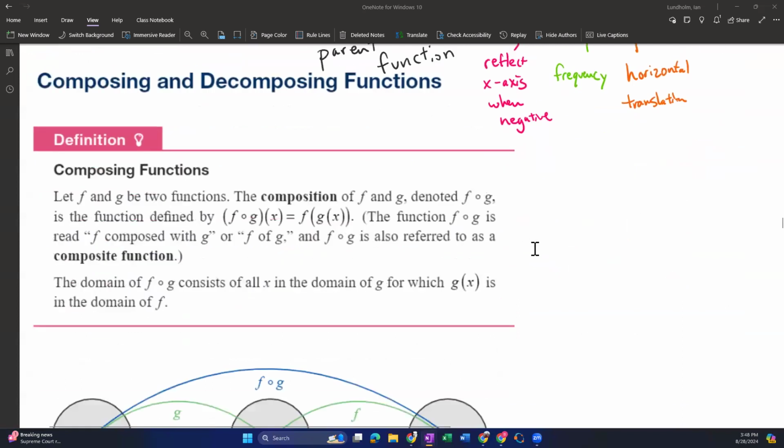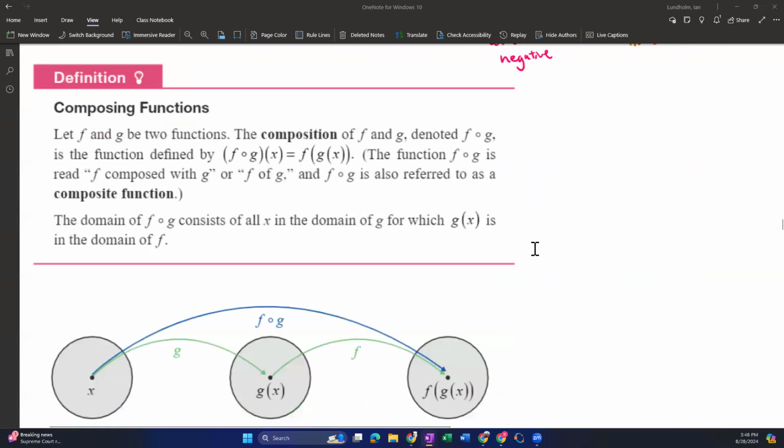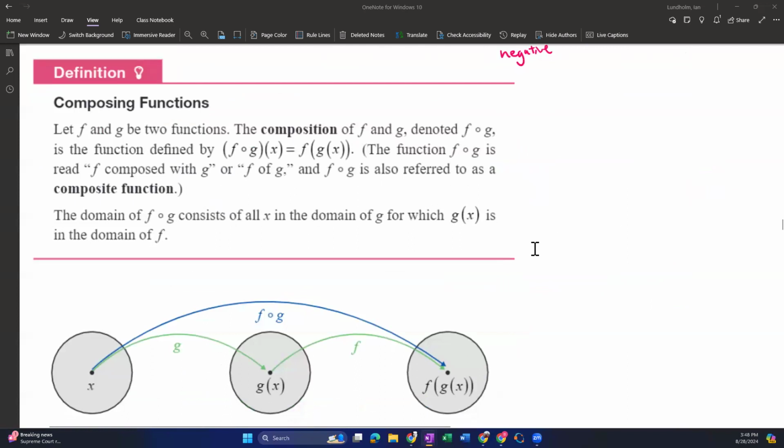Next part, composing and decomposing functions. Function composition is like stuffing one function inside of the other. In this notation, f of g of x is how we would read it. And generally, we are going to utilize the notation on the right. The notation with the dot is not wrong.